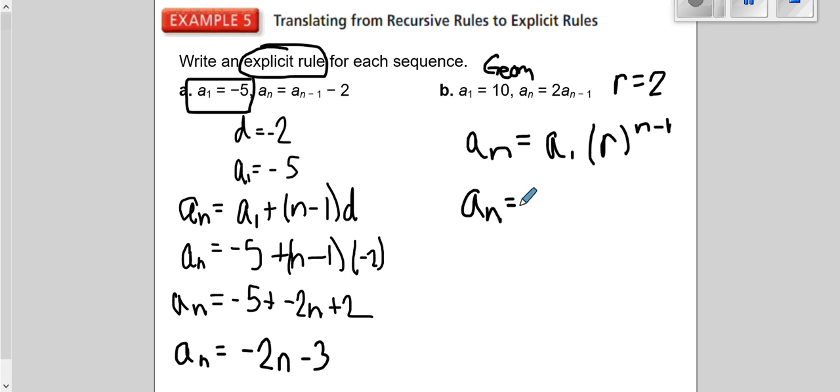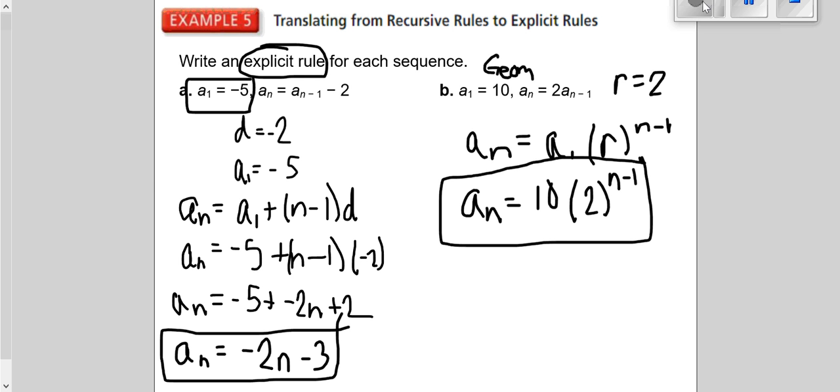So a sub n equals, a sub 1 is 10, a sub n equals 10 times 2 to the n minus 1 power. All right, and that's example 5.